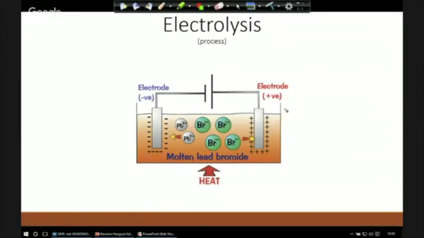The ions are able to conduct. So putting an electric current through our ionic substance breaks it down into elements. The reason being is that the free ions are allowed to move, they're allowed to conduct.